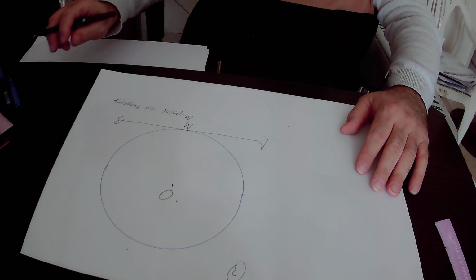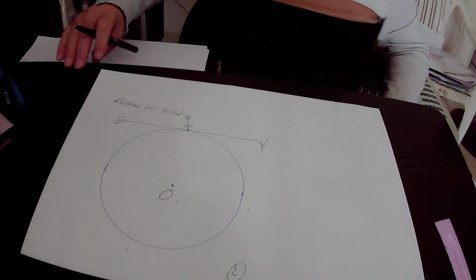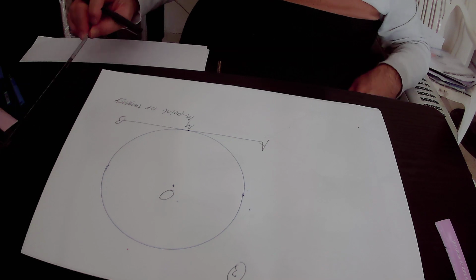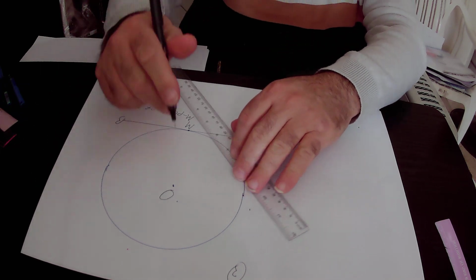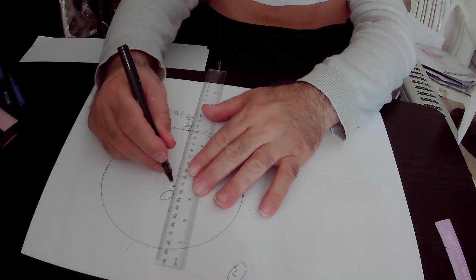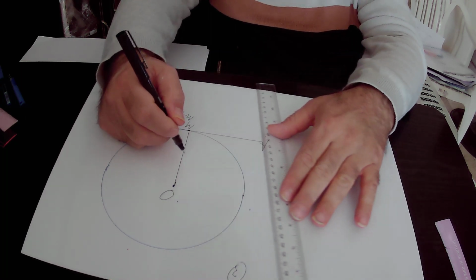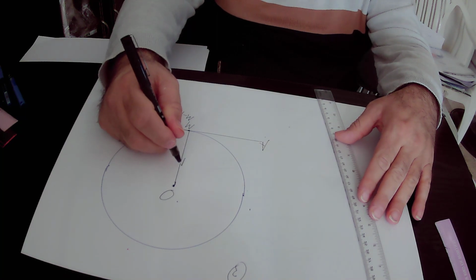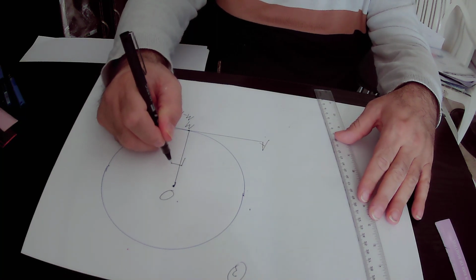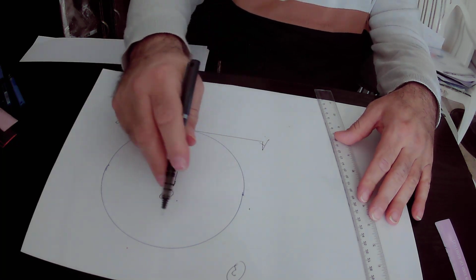And we also have a radius from point O to point M. So actually line segment OM is the radius of this blue semicircle. Radius OM is the radius of this blue circle.